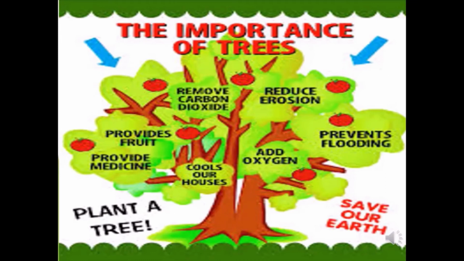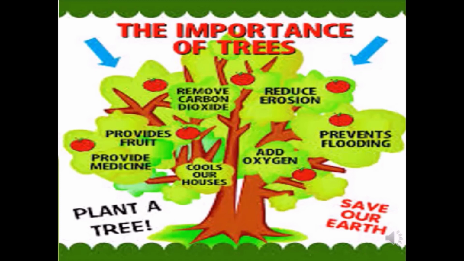So now let us see the importance of trees. The roots of the plants or the trees help in absorbing the water, and it reduces soil erosion and prevents flooding. During the process of photosynthesis, they release oxygen which all living organisms use during respiration.